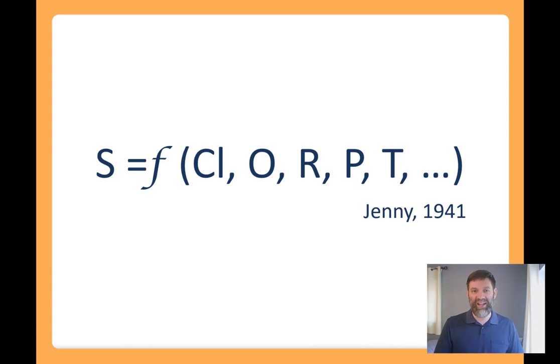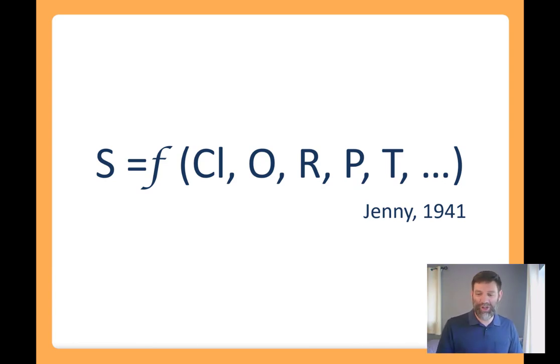This is an equation that was first put, at least in this format, by Hans Jenny, a soil scientist at UC Berkeley, who came up with this concept in the 1940s. It was putting into equation form some ideas that were out there, but he really pulled it together in an elegant way.